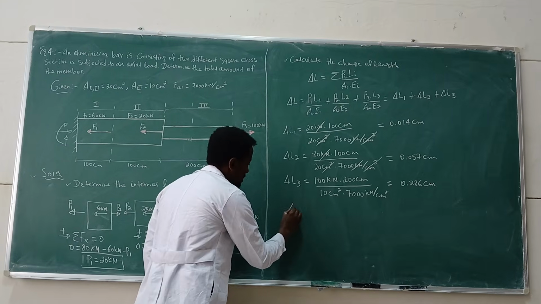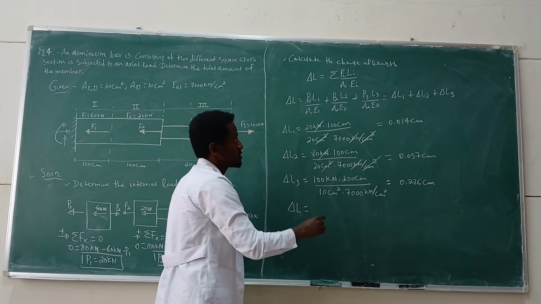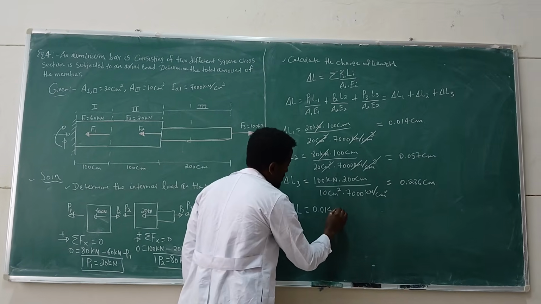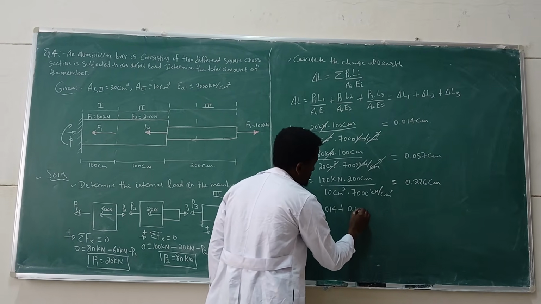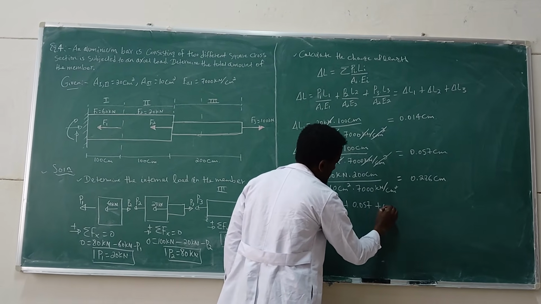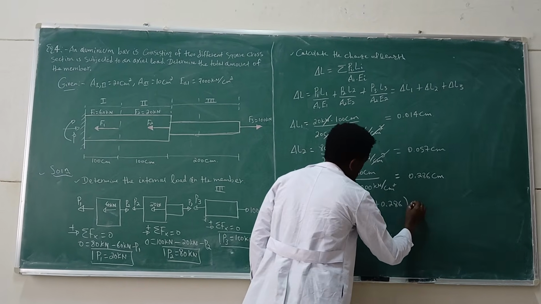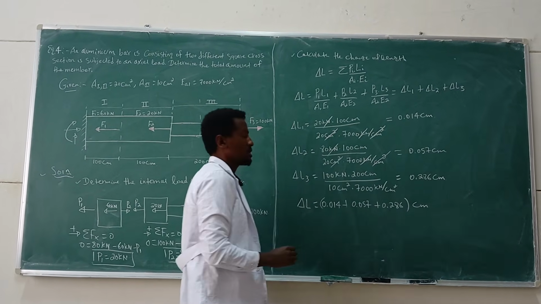The total change of length is equal to 0.014 plus 0.057 plus 0.286 centimeter.